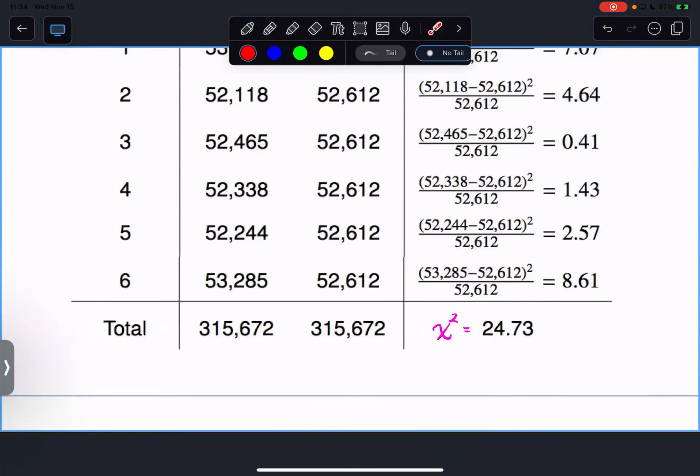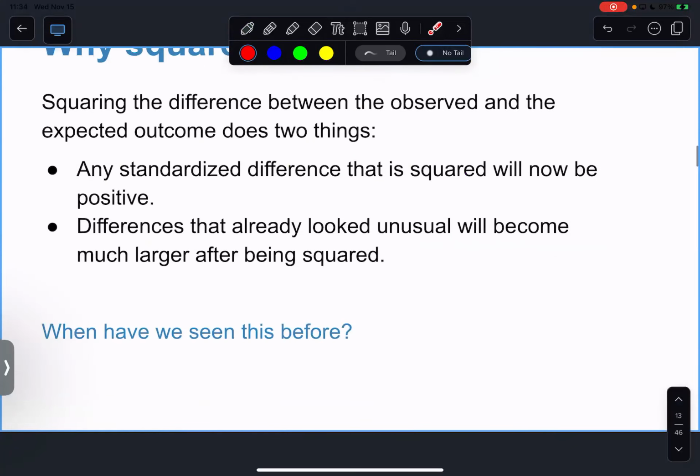So we've calculated our chi-squared, okay? And we already talked about why we would square things. It's the same old story. Whenever we square things, it's usually because we want to make things positive, but also we want to amplify large differences.